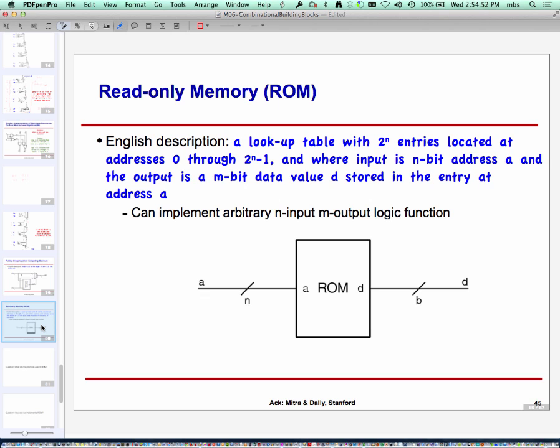This implements what you can think of as a function, right? It is mapping an address to the value which is stored at that address. Any mathematical function, if you go back to your math class, you'd have learned that a function is a mapping from one set to another set, right? That's what a function is.